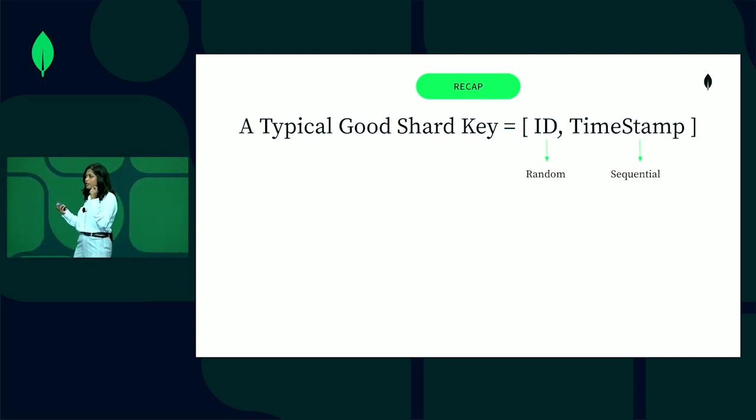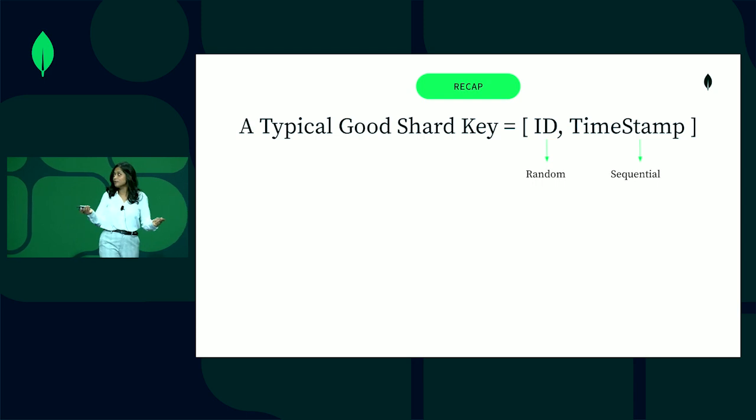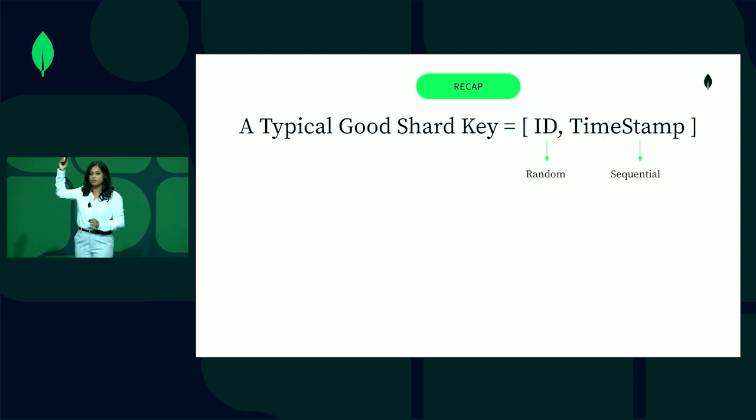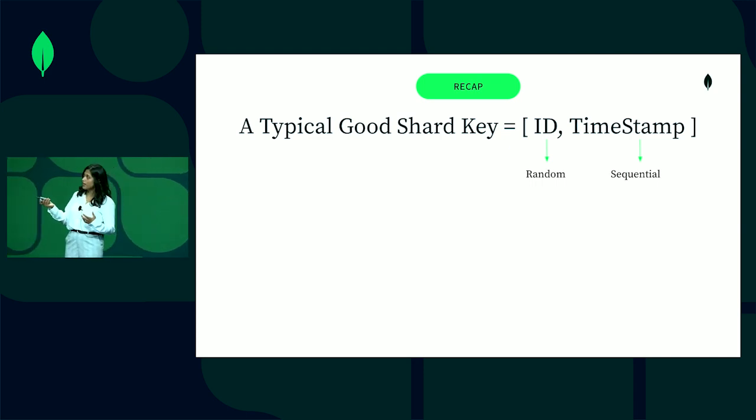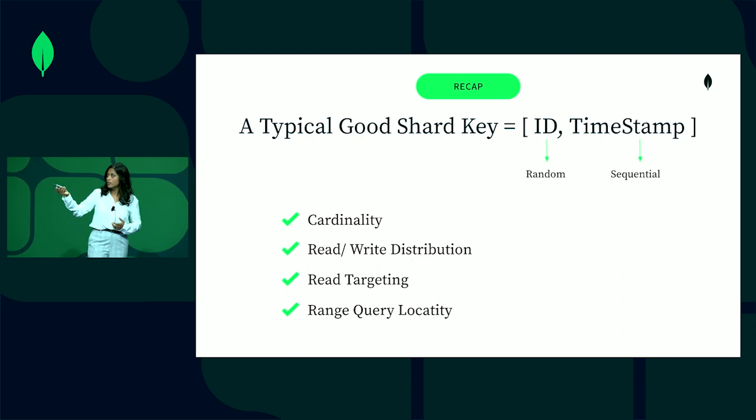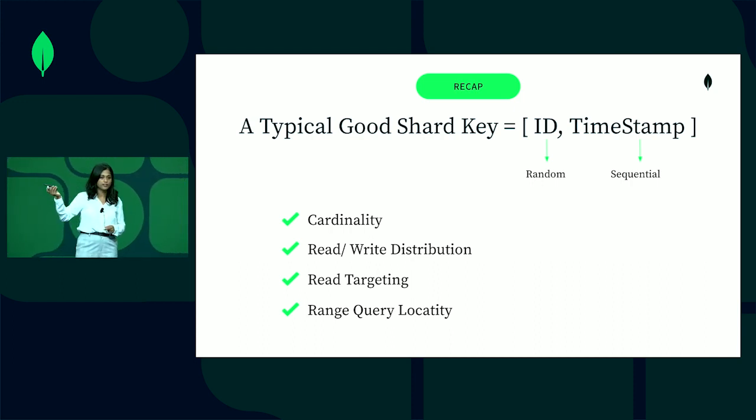It could be something really unique, something that can have multiple values, like a user ID, employee ID, some sort of a random ID, and then combine it with something that's sequential, something that can affect your sorting, something that can affect your range queries. That way, you can hit all these 4 criteria that we've been trying to hit for the past 10 minutes or so.